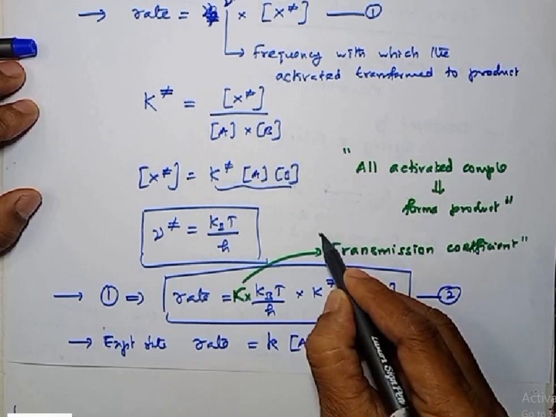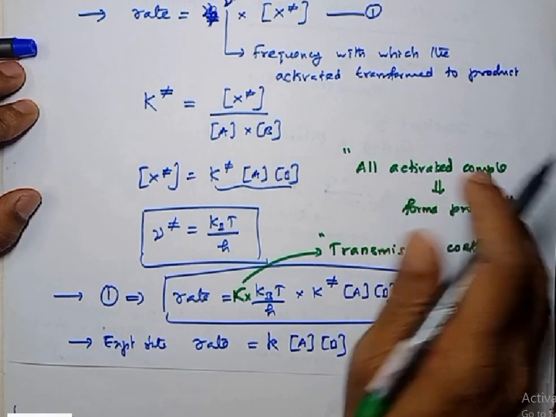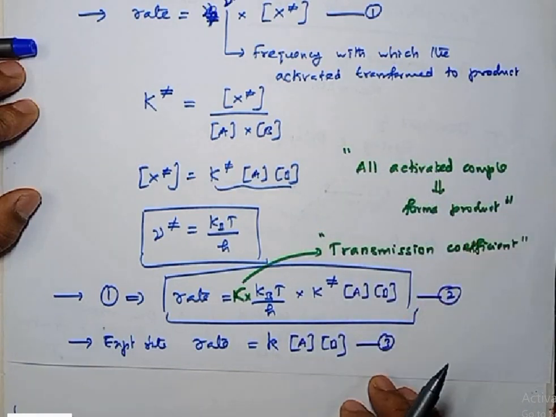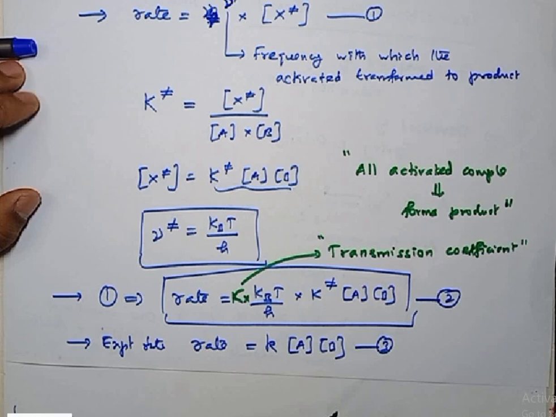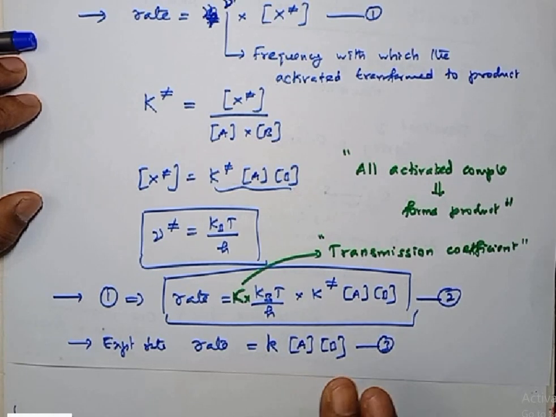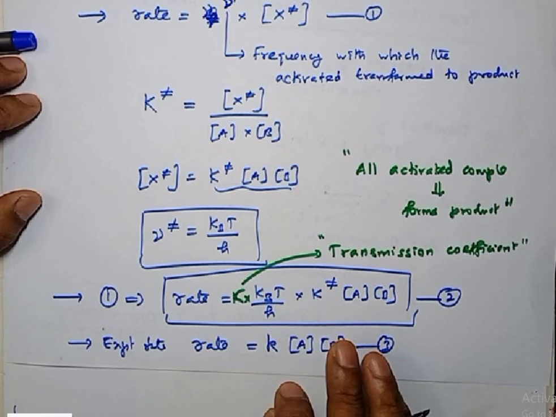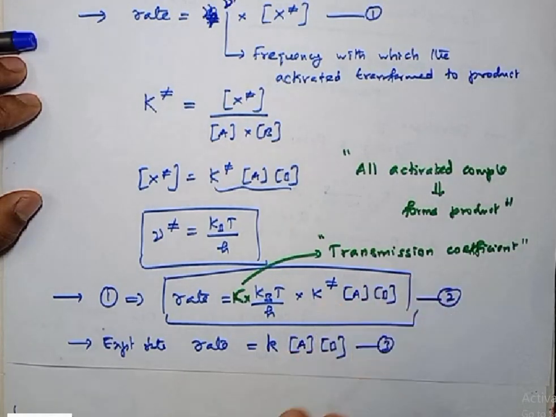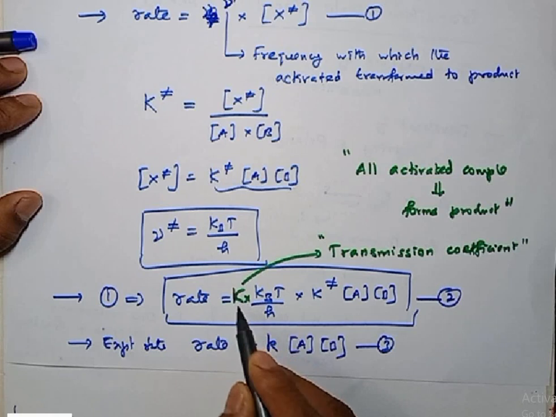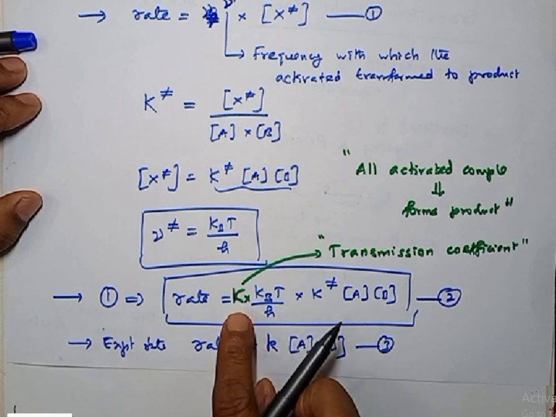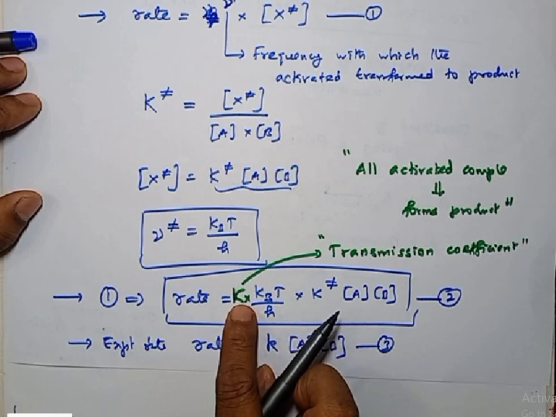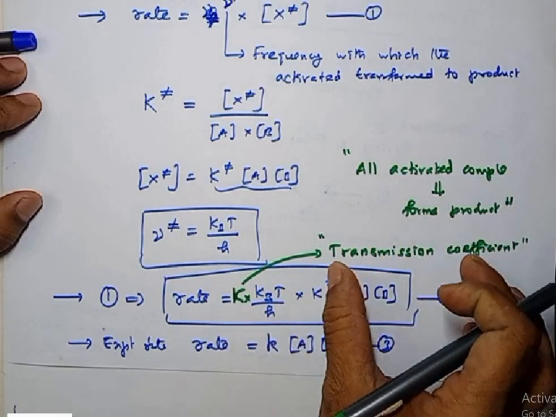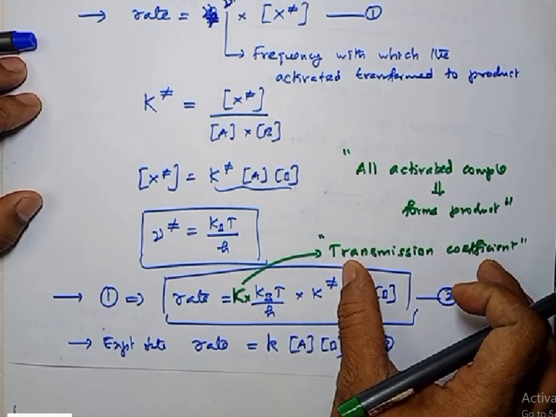If all the activated complex is transformed into product, then the transmission coefficient is 1. But most of the time, the transmission coefficient value is not equal to 1. It is less than 1. I'm just introducing one more term here, what we call the transmission coefficient.